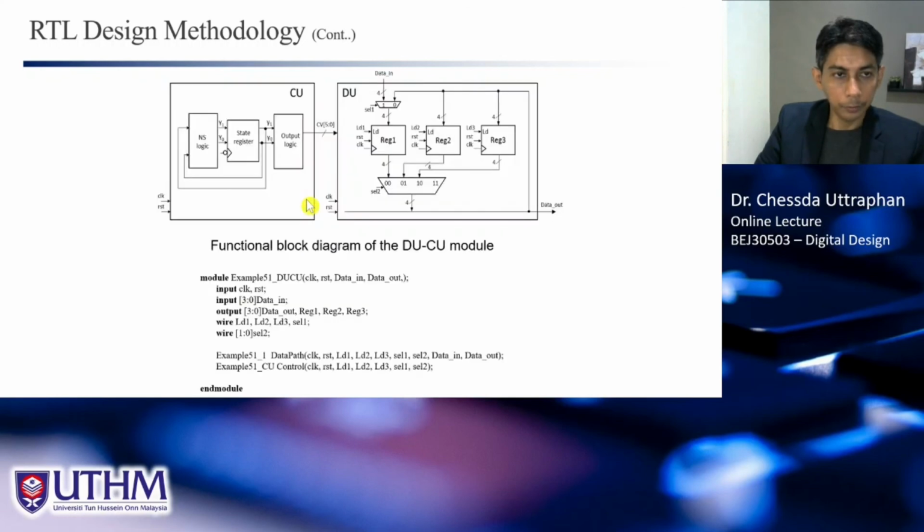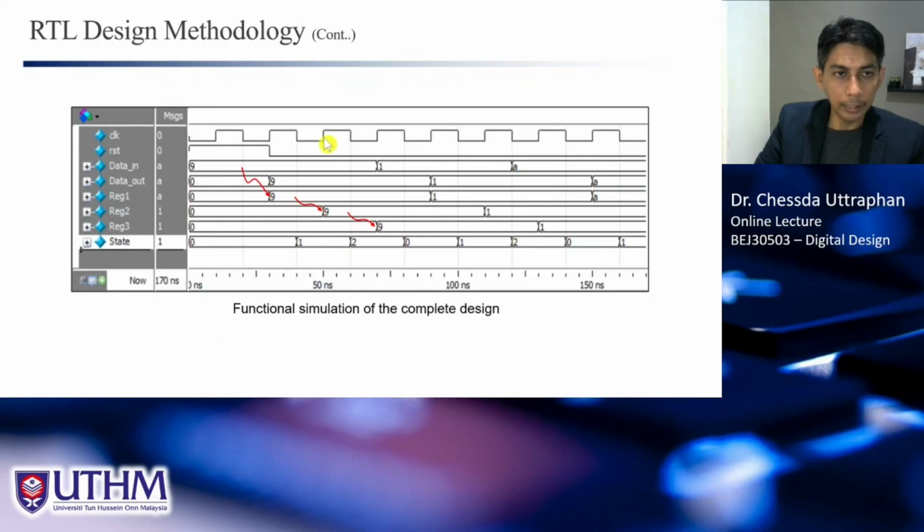Because we set this as a positive clock edge, the data will be transferred at the positive edge here. Because this is a negative edge, the data is not transferred yet. It is transferred at the positive edge here.